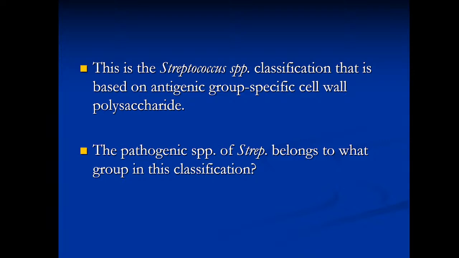So we're classifying Streptococcus based on the Lancefield classification, which is, I think, still the conventional way of classifying Streptococcus species. All right, and the pathogenic strep belongs to Group A under the Lancefield classification.